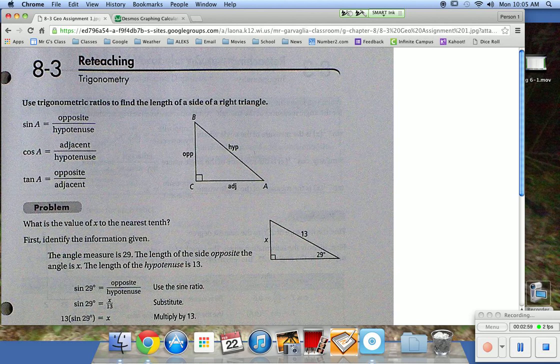Secant is the inverse of cosine, and cosecant is the inverse of sine, it's just inverted. We'll work with those later on, but we're not going to worry about those, just so you know what they are. These are the three that you're typically always going to use. We won't use the other three, I think, for the most part in this trig stuff. We'll stick with sine, cosine, and tangent.